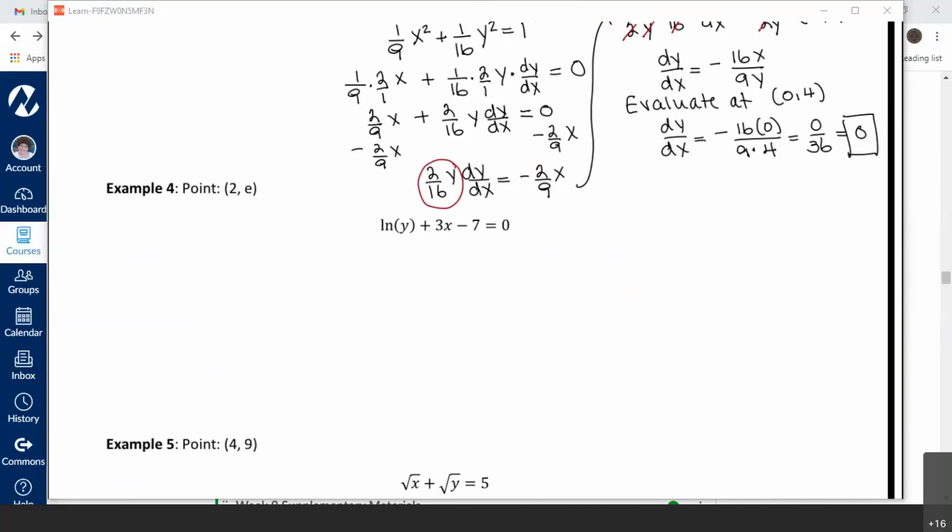So first, let's differentiate the outside. So 1 over y. Okay, that's, again, the derivative of ln y. All right, and then I have dy/dx. Okay, that's the derivative of the inside function. The next term is just a regular old x term, so its derivative is 3.